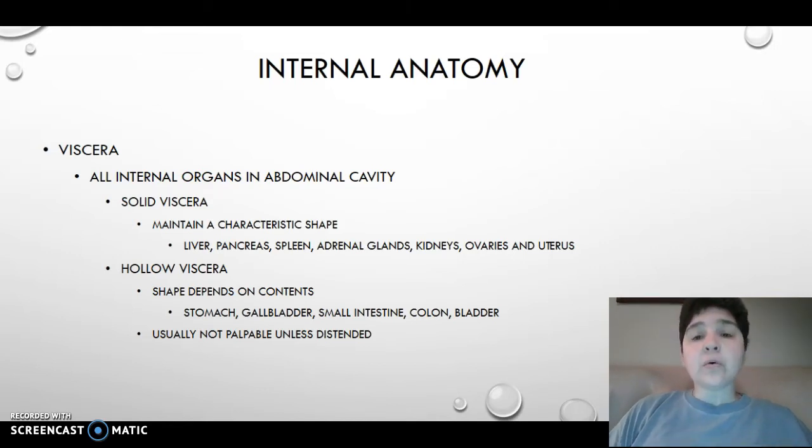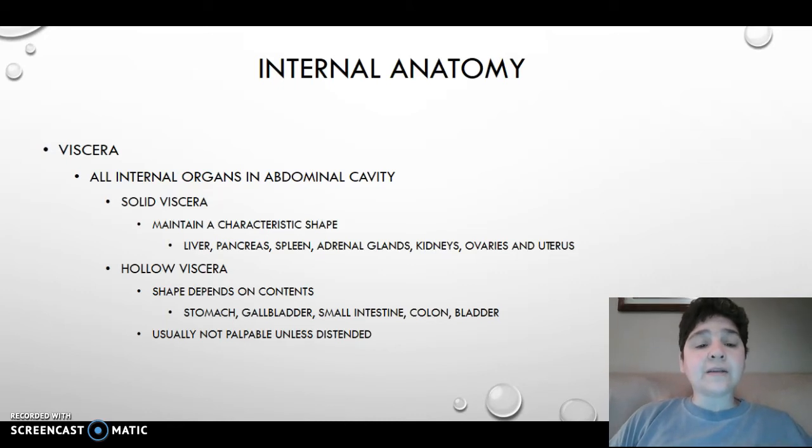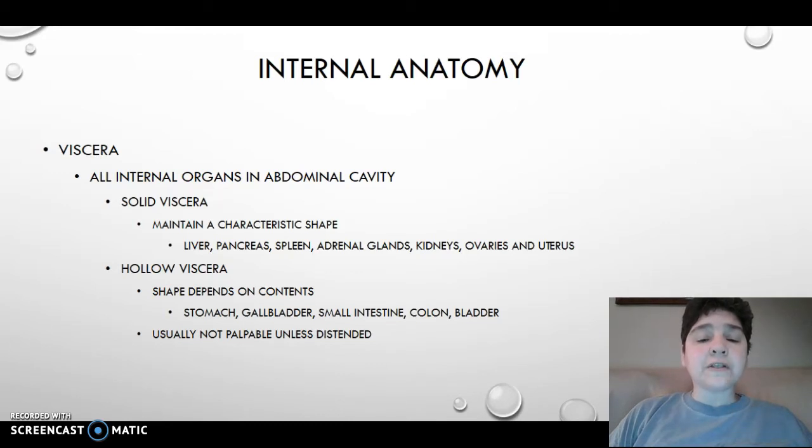So viscera means organ. We have solid viscera and we have hollow viscera. Solid organs include your liver, pancreas, spleen, kidneys, adrenal glands, ovaries, and uterus. Now again, we're getting down into that pelvic cavity when we're talking about the ovaries and uterus. However, the ovaries and the uterus still lie partially within that abdominal cavity, so we have to count them.